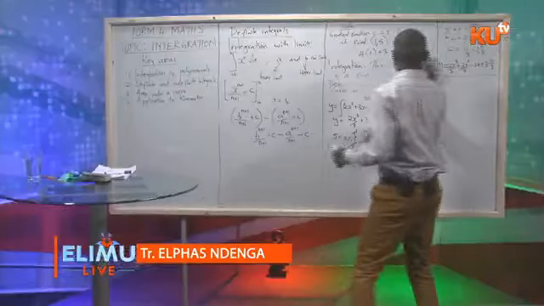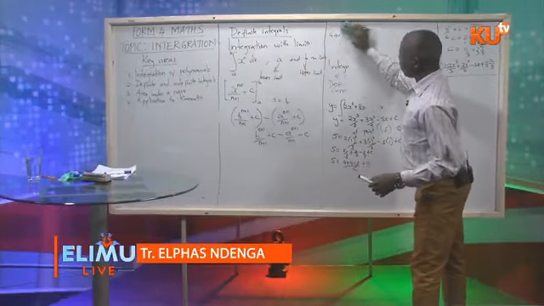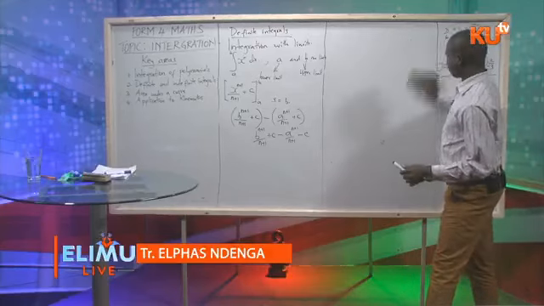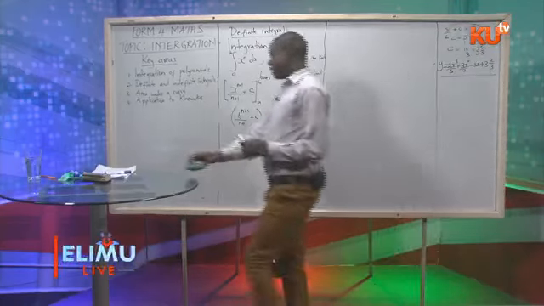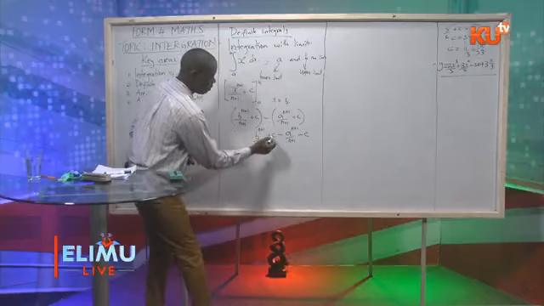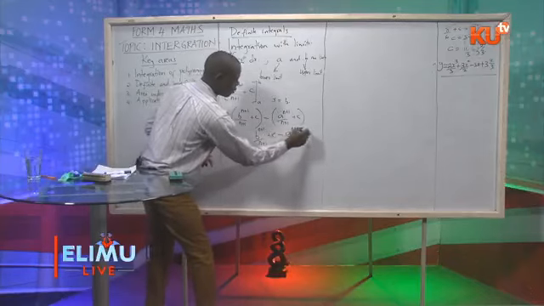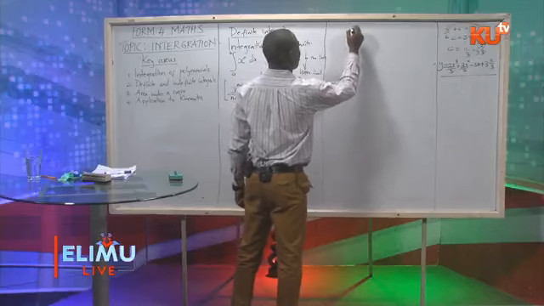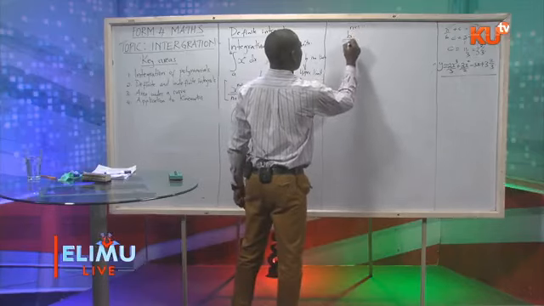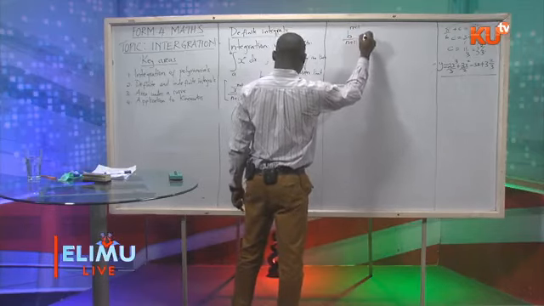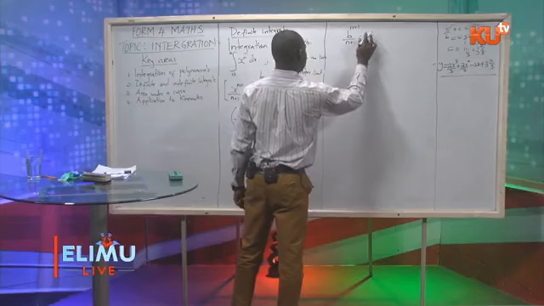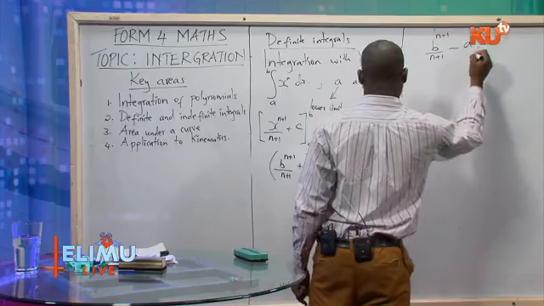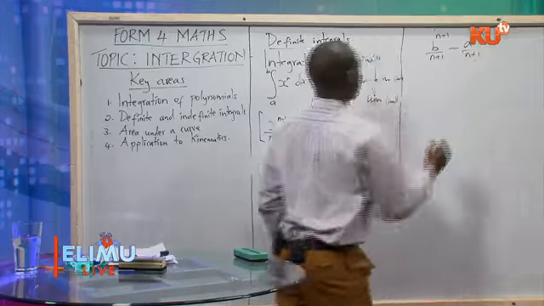So let's work it out. The negative c and the positive c will cancel out. So we'll be left with b to the power n plus 1 over n plus 1, then minus a to the power n plus 1 over n plus 1.